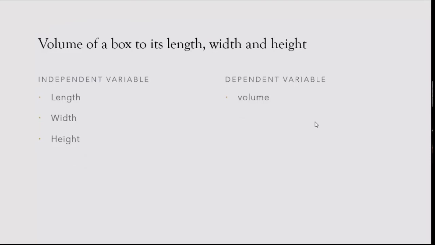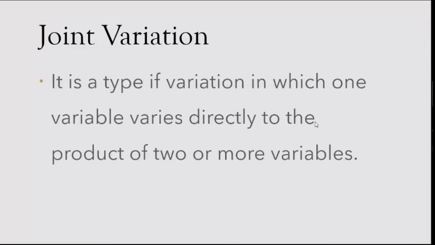Okay, so that is what we call joint variation. It is a type of variation in which one variable varies directly to the product of two or more variables.